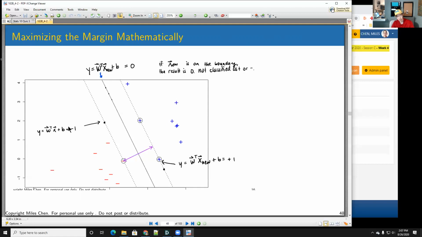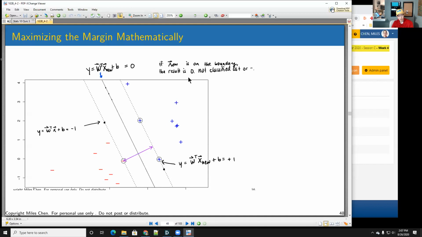I know it feels a little strange because we're accustomed to seeing x and y, but keep in mind that this picture has the x1 and the x2 direction.